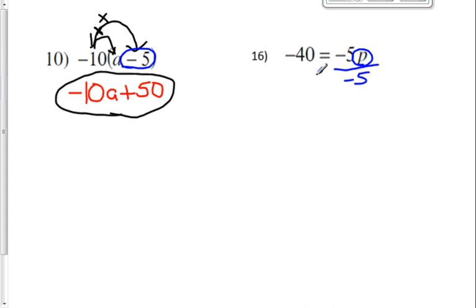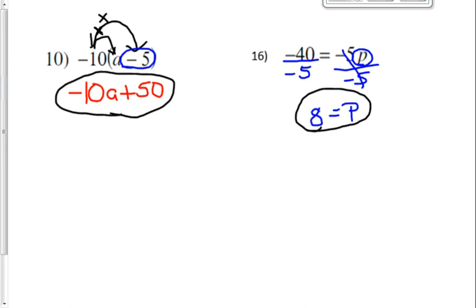If I do it to one side, I have to do it to the other side. Keep the sign with it. The sign in front of the number belongs with the number. Okay? The negative 5's go away, and I'm left with P is equal to, do it on your calculator, negative 40 divided by negative 5. A negative divided by a negative is a positive. I get positive 8. Positive 8 is my answer.